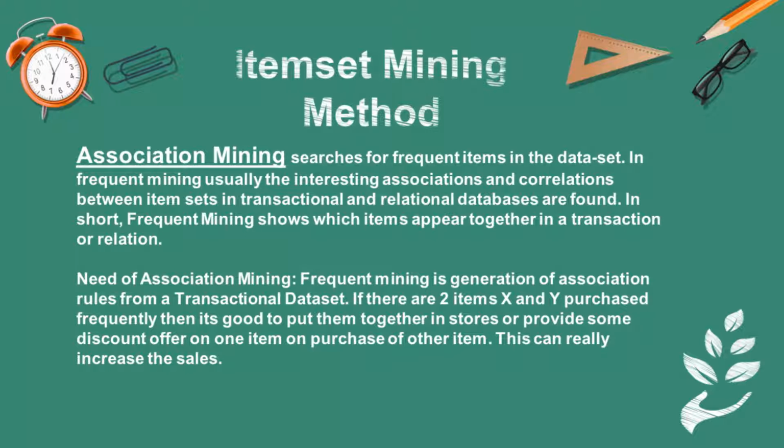Frequent mining is generation of association rules from a transactional dataset. If there are two items X and Y purchased frequently, then it's good to put them together in stores or provide some discount offer on one item on purchase of the other item. This can really increase the sales.